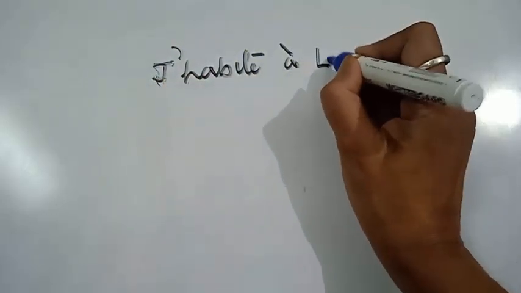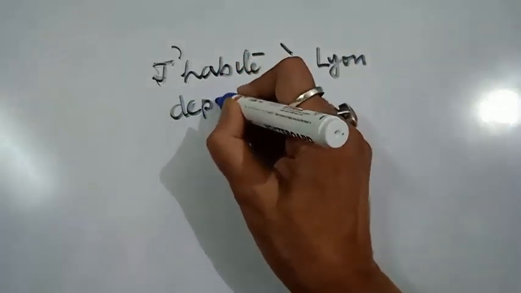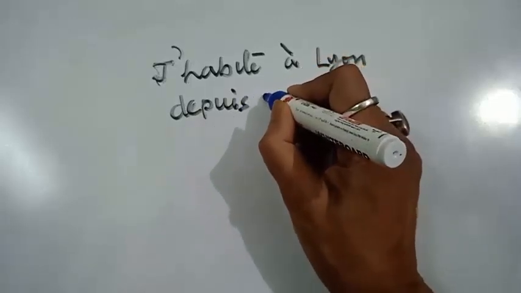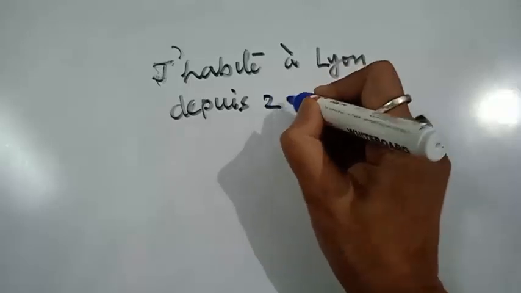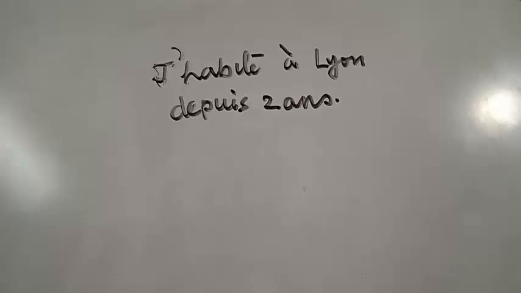J'habite à Lyon depuis 12 ans. J'habite à Lyon depuis 12 ans. That is, I have lived in Lyon for 12 years. Okay. Now he is giving the introduction regarding the location where he lives.